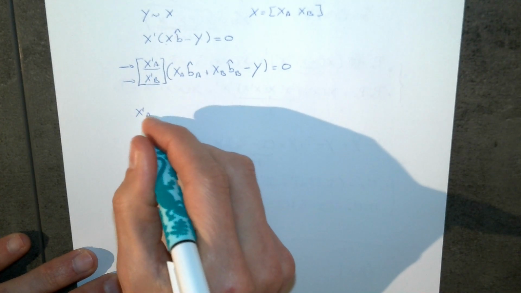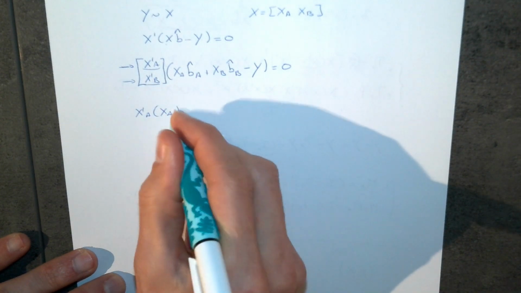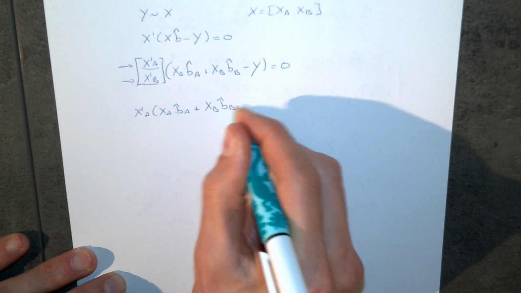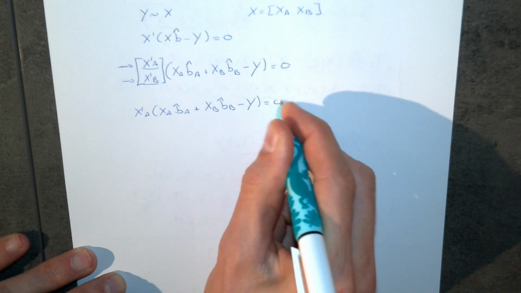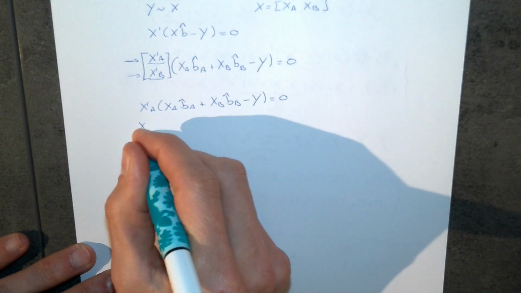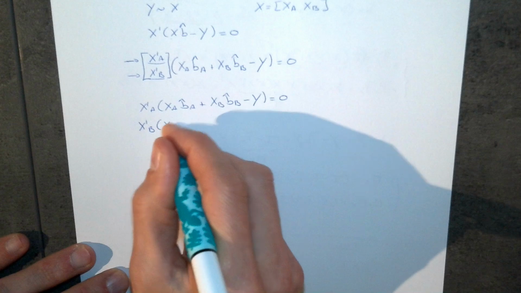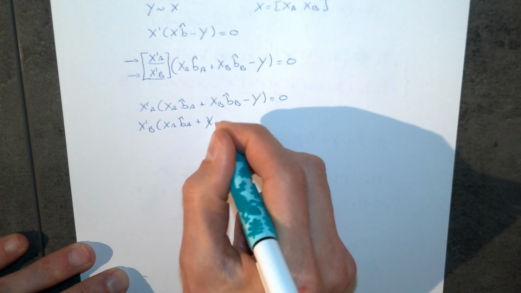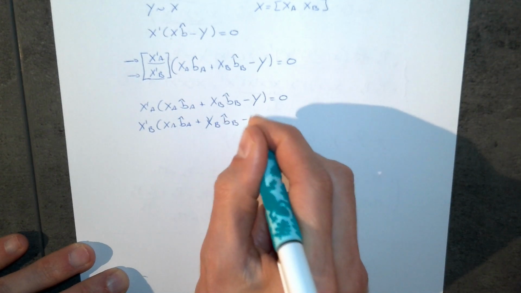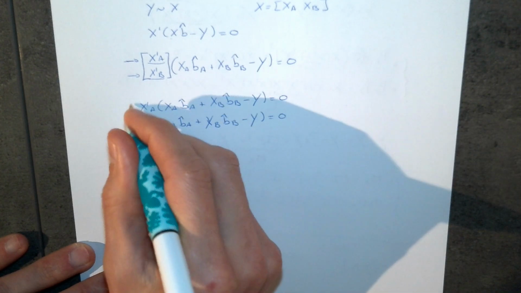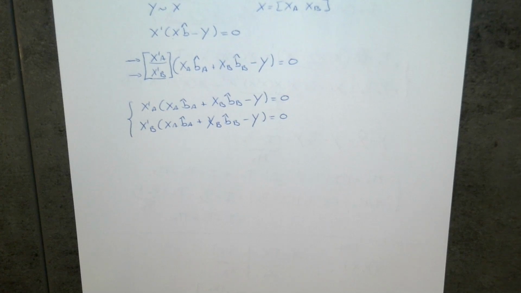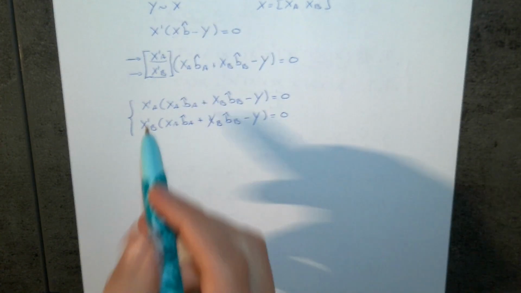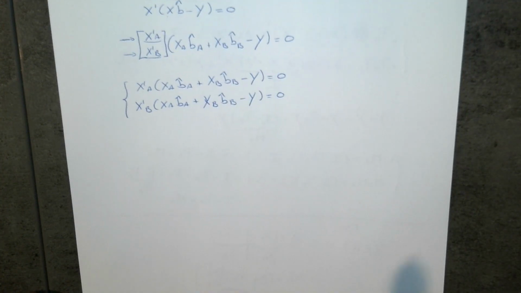We have that x prime a times (xa b hat a plus xb b hat b minus y) is equal to 0, and then the second part we have that x prime b times (xa b hat a plus xb b hat b minus y) is also equal to 0. Right, so we have two sets of equations, one for the covariates in xa and one for the covariates in xb.